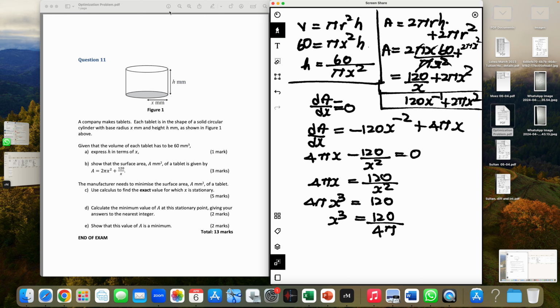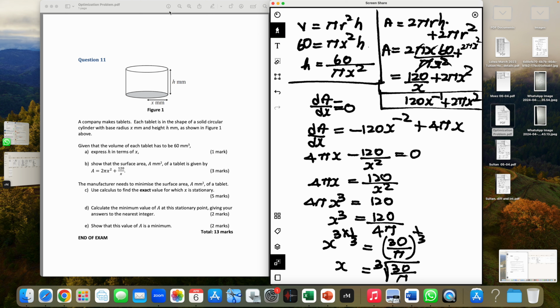How to find the x value? 120 over 4 pi will be 30 over pi, right? x is equal to (30 over pi) power 1 over 3, the cube root.